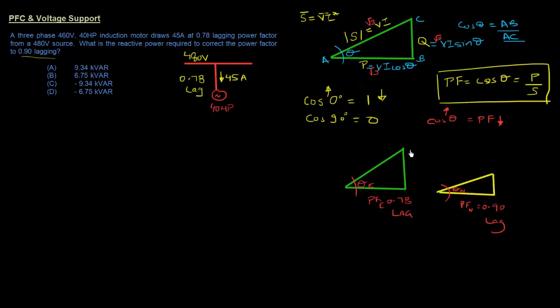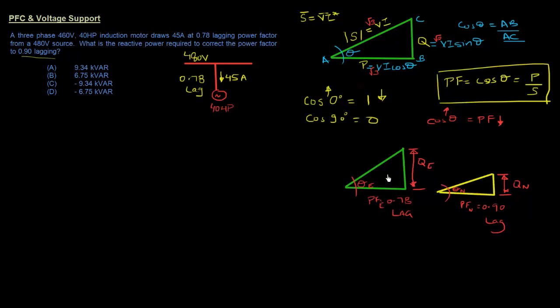The reactive power changes. So in this case, you have this reactive power, which is, let's say, Q existing. And when you have improved your power factor, you have Q new. This Q new is a lot less than Q existing, but the real power is going to remain the same.